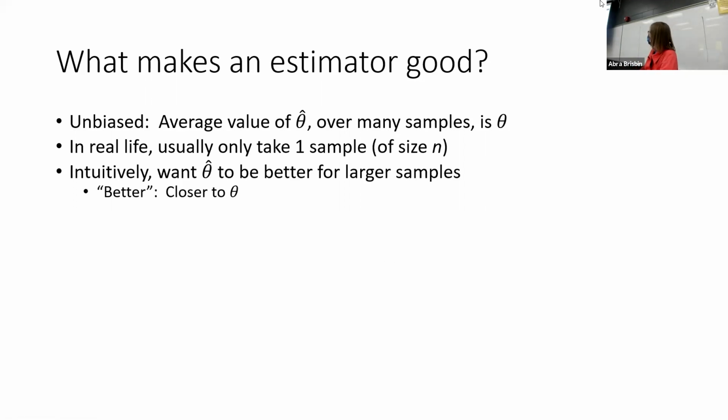So intuitively, we want our estimator theta hat to be better when we take a larger sample. And by better here, we mean closer to theta, closer to the thing we're trying to estimate.